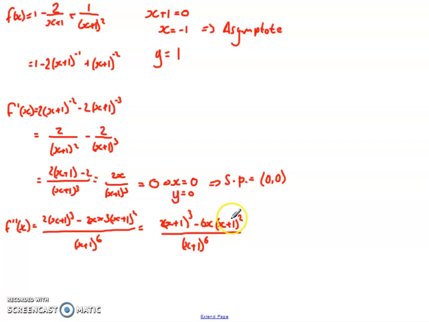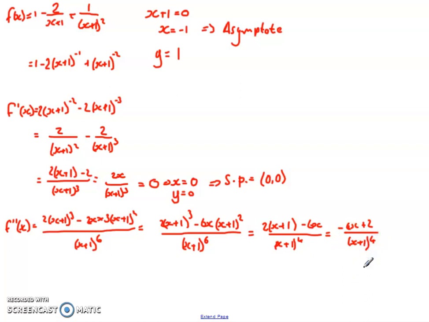What I'm going to do is I could take out x plus 1 squared as a common factor here on top and then cancel it out for the bottom. What I'll then end up getting is 2 bracket x plus 1 minus 6x all over x plus 1 to the power of 4. Top, multiplying it out, I then get 2x plus 2 minus 6x, so I get minus 4x plus 2 all over x plus 1 to the power of 4.